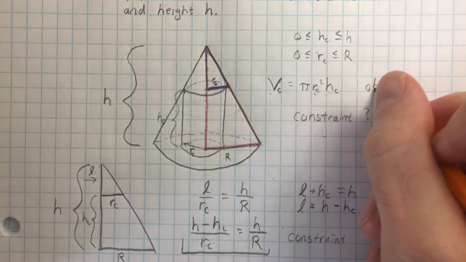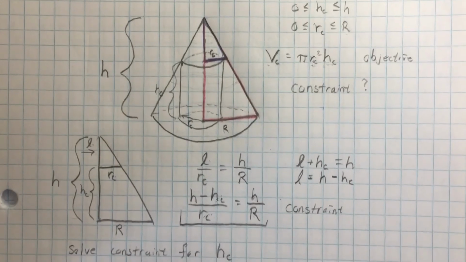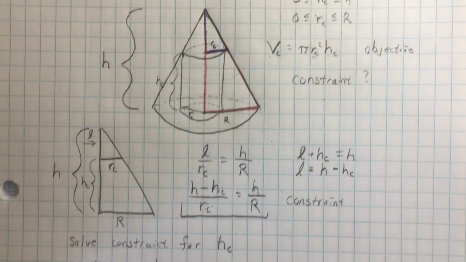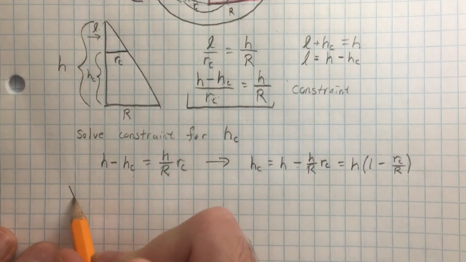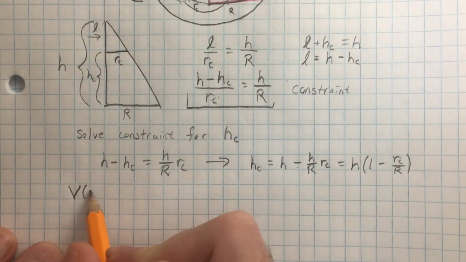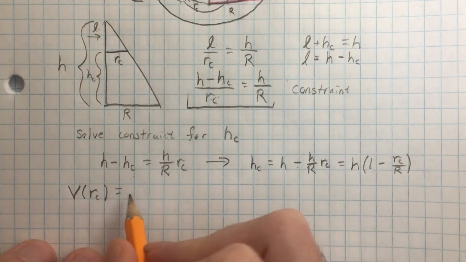Here's our objective. Let's go ahead and substitute it in now and see what we get. So we should have volume is pi r squared h. So the volume function now will just be in terms of rc. We'll have no hc in it because we're going to replace it.